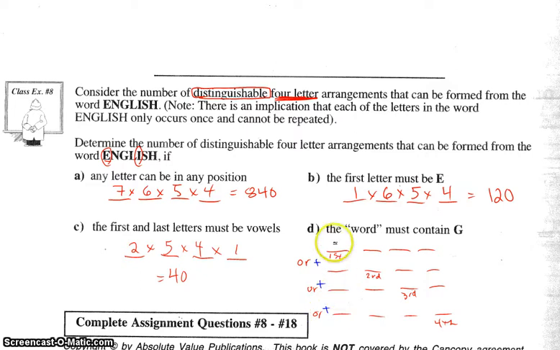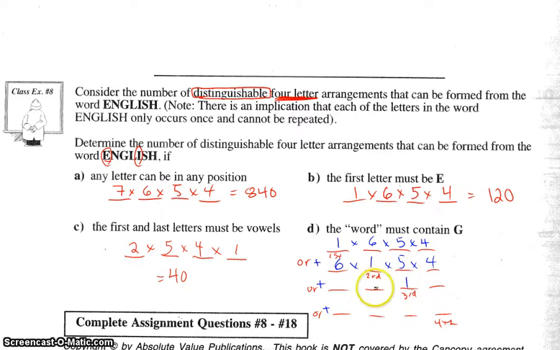So in the first position, 1 choice for G, because there's only 1 G, and then we have 6 letters left, then 5, then 4. And then, if it's in the second position, there's 1 choice for the second letter. Always start with your restrictions. And then go to the first position, 6 letters left, then the third position, 5 letters, and finally 4 letters left.